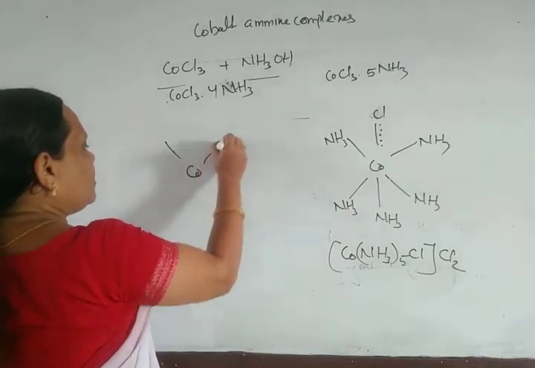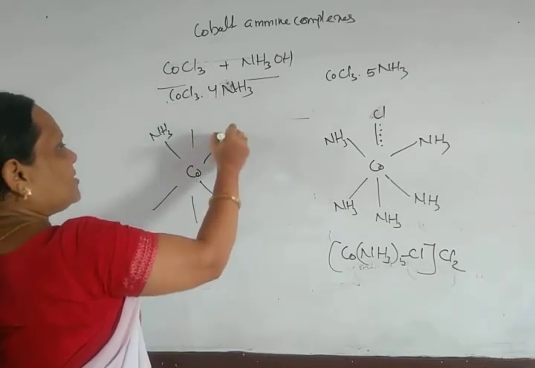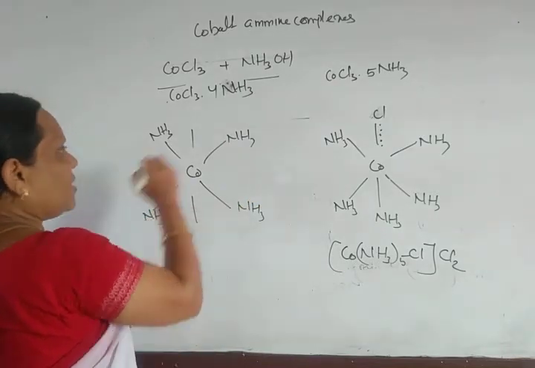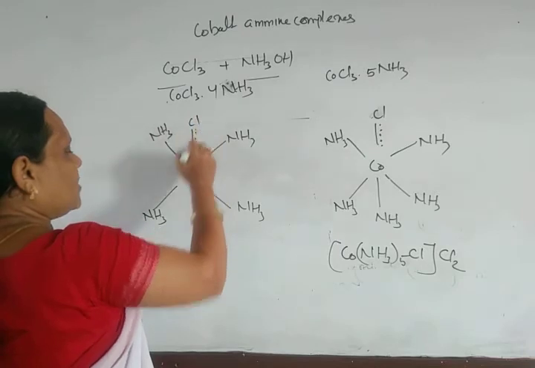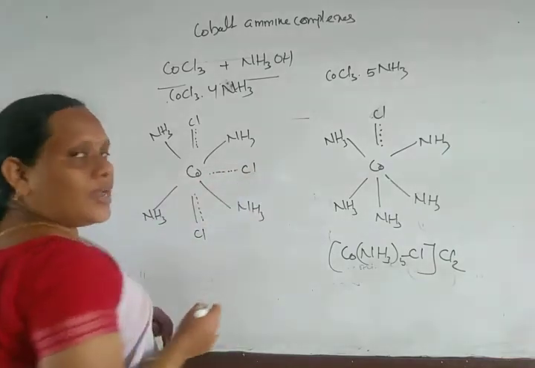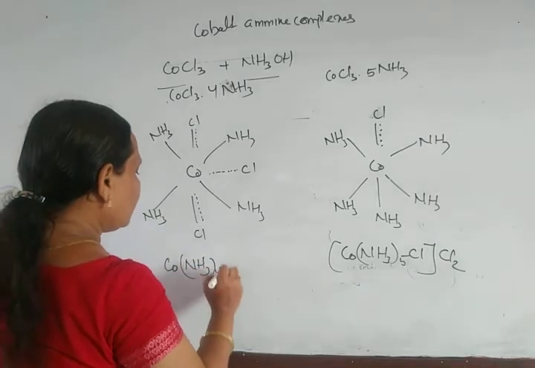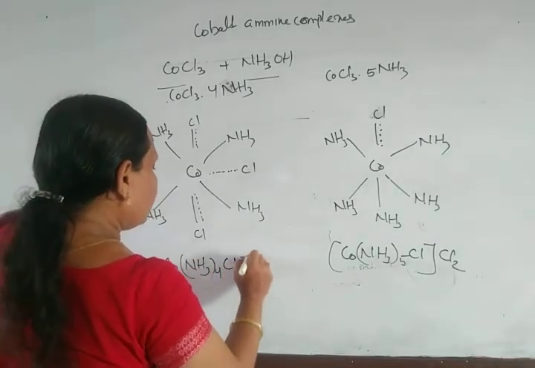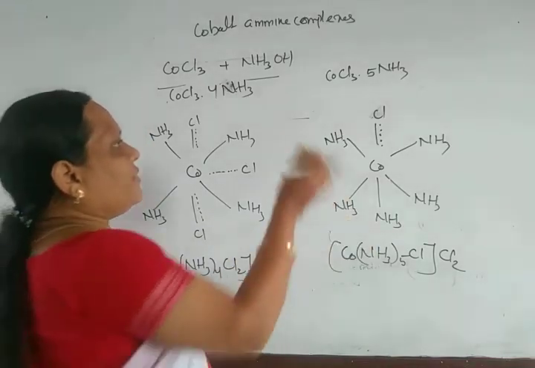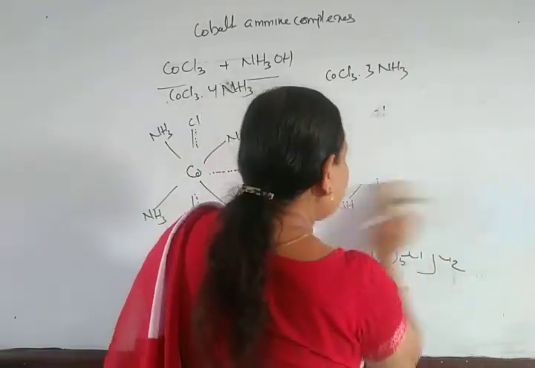So you have to write 6 ligands; if 4 ammonia are there, they are represented like this: ammonia, ammonia and ammonia, and 2 chlorine atoms satisfy both primary valency and secondary valency, and 1 chlorine atom is outside. So [Co(NH3)4Cl2]Cl.